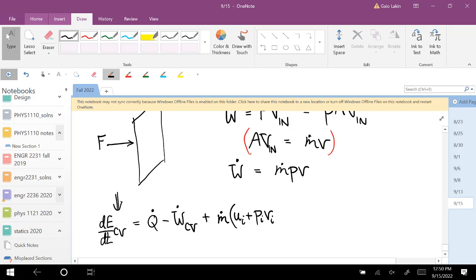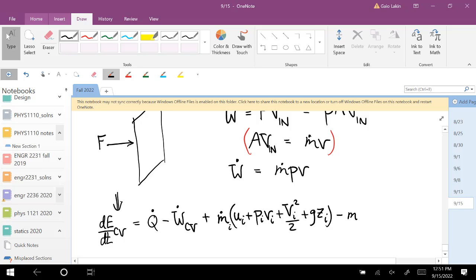That's from that work that we just calculated that's done by the material pushing its way in, plus the kinetic energy term, speed squared over 2, plus g times the height. Since we're already calling enthalpy h, I'm going to call this z. The same exact thing happens at the exit, except we're subtracting that. I didn't put an i on the mass flow rate, but that's the mass flow rate at the inlet.